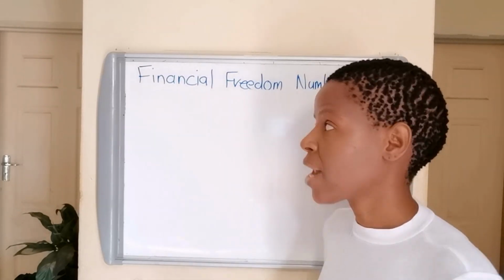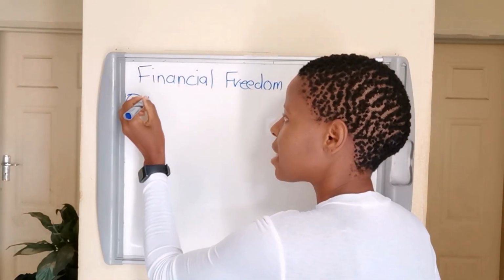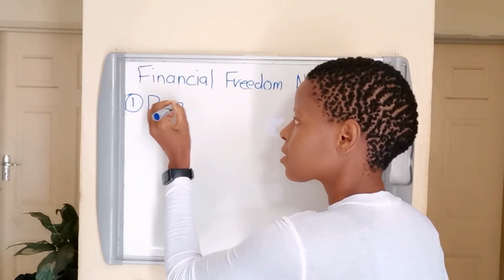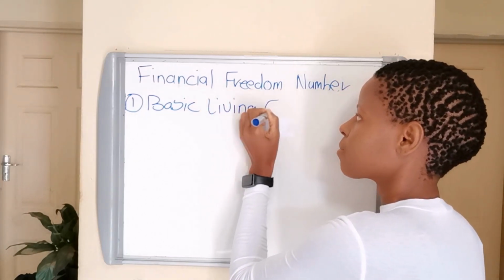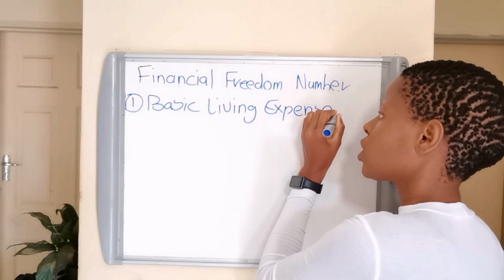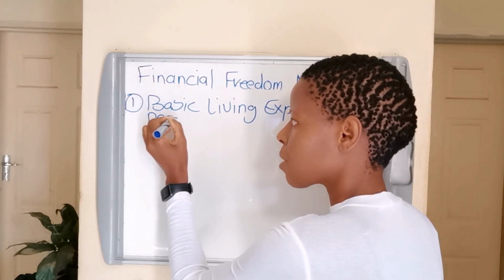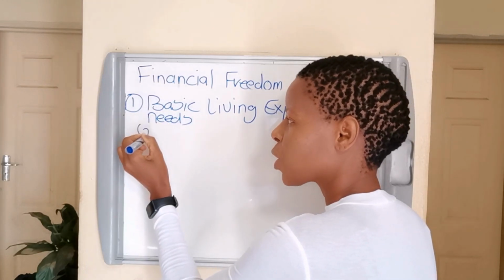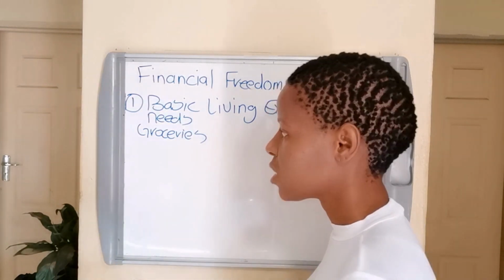So step number one to calculating your financial freedom number is basic living expenses. You have to know how much you spend on your basic needs. We're talking groceries. How much do you spend on groceries on a monthly basis?